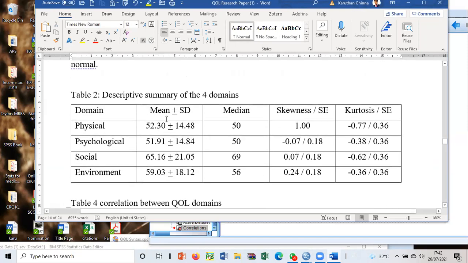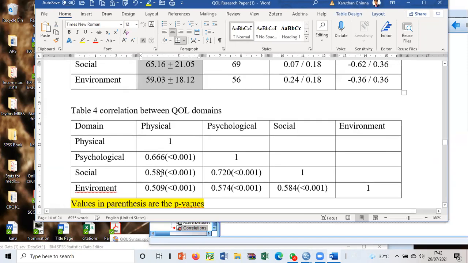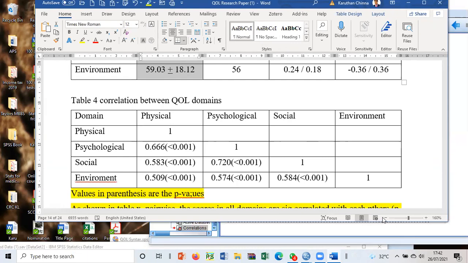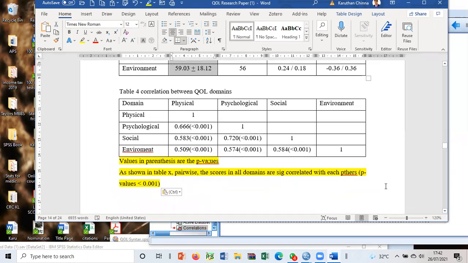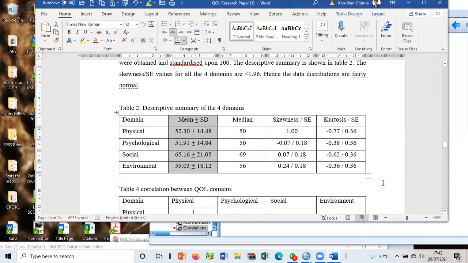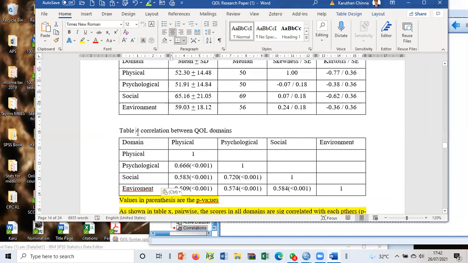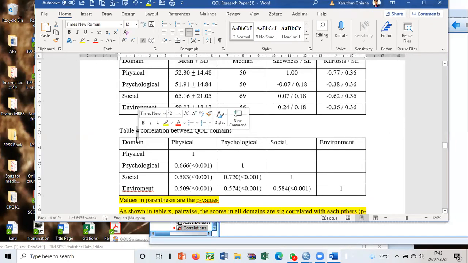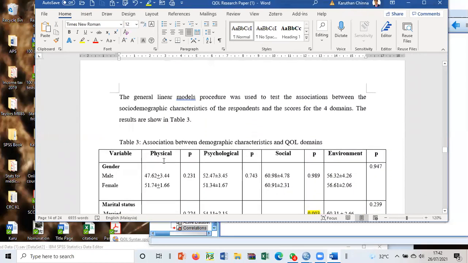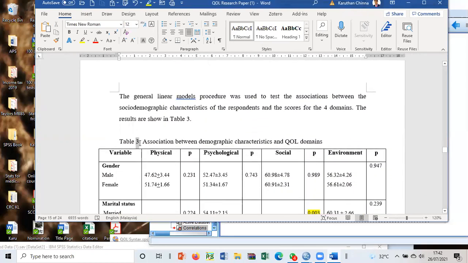So describe and then correlate between them. So the sequence is better. Okay, describe. So that will be table 3. And then table 4 will be association between demographics and the key domains.